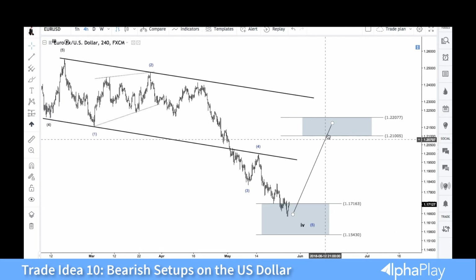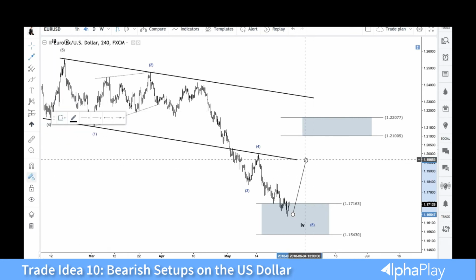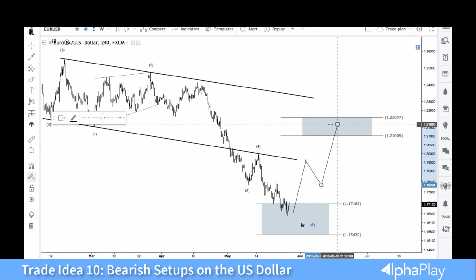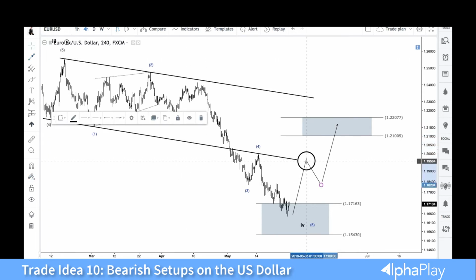Of course, price will not move in one straight line, so I'll be expecting 3 waves up, something along this structure. So I'm looking for a potential setup on the euro dollar to go long.